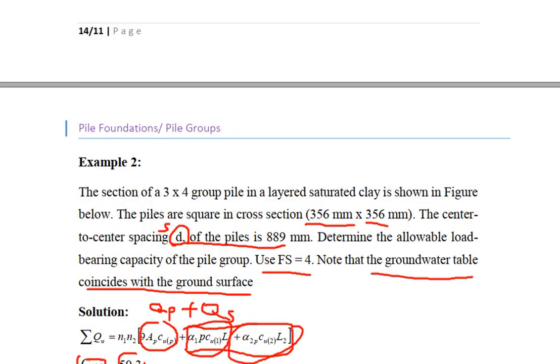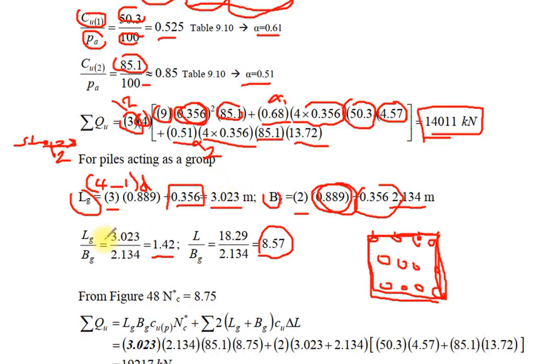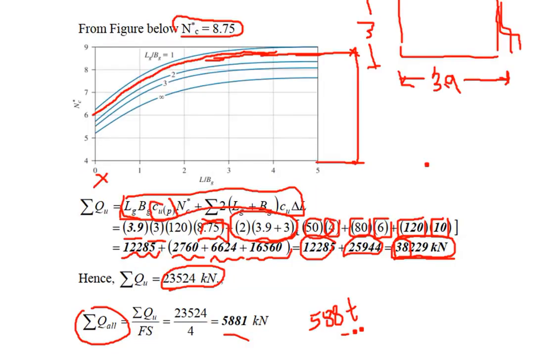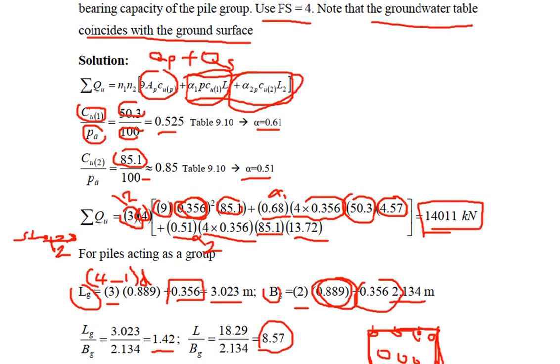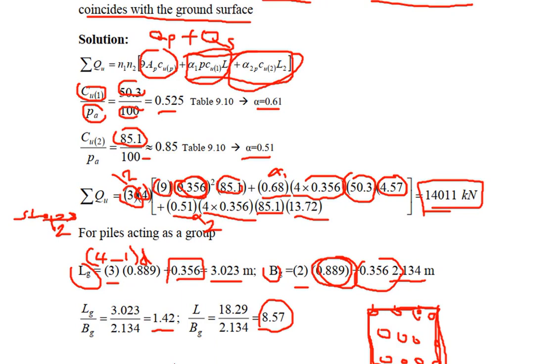And since LG over BG equal to 1.42, we have to draw this curve between 1 and 2, which is continued, and then intersect with this curve, gives us approximately the same value that was obtained in the previous example.